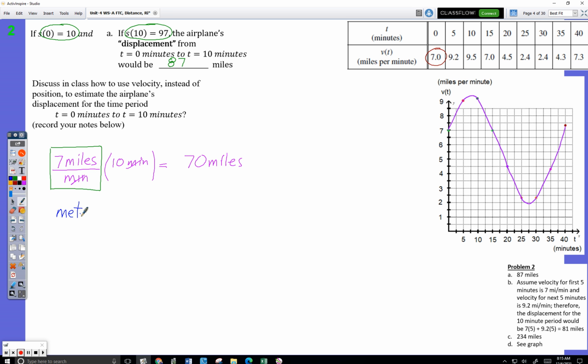I've seen AP problems where they'll talk about a pile of, say, gravel, and they'll say the pile is so high and it is growing at some rate of meters per minute. Pile of gravel, maybe it's growing at like 2 meters every minute. And then by the same idea, you can say, okay, if that happens for a 5-minute period, 2 points for Haley, that pile will grow by 10 meters in those 5 minutes.